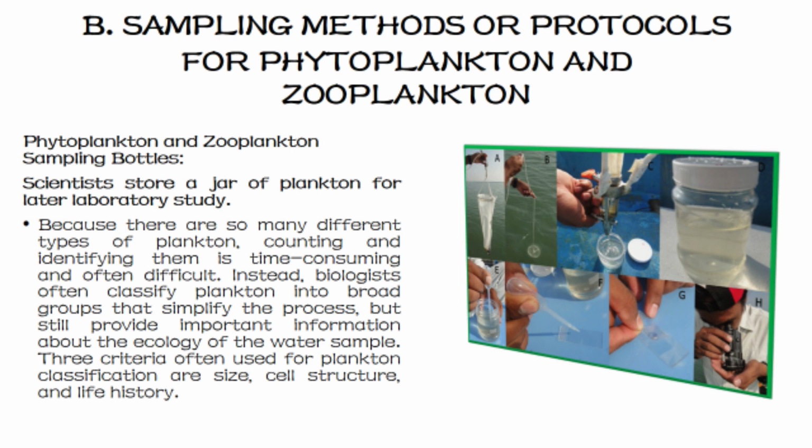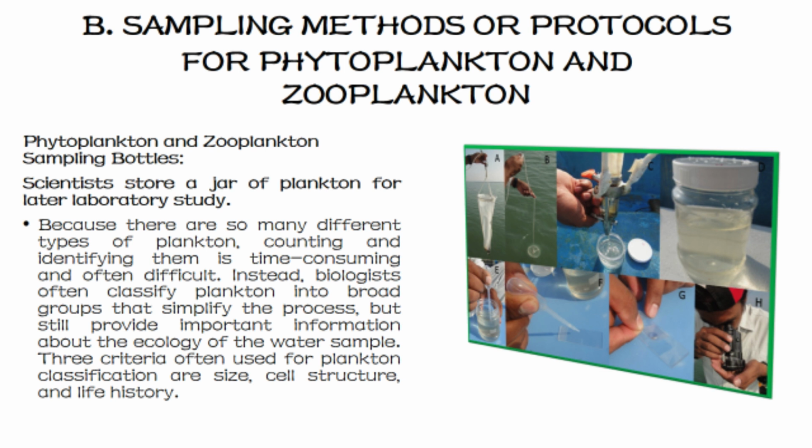Phytoplankton and zooplankton sampling bottles. Scientists store a jar of plankton for later laboratory study. Because there are so many different types of plankton, counting and identifying them is time consuming and often difficult.